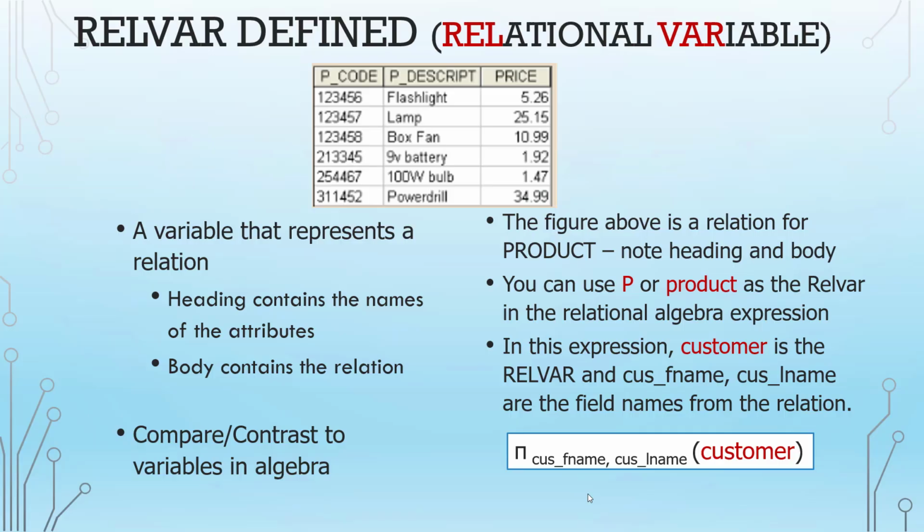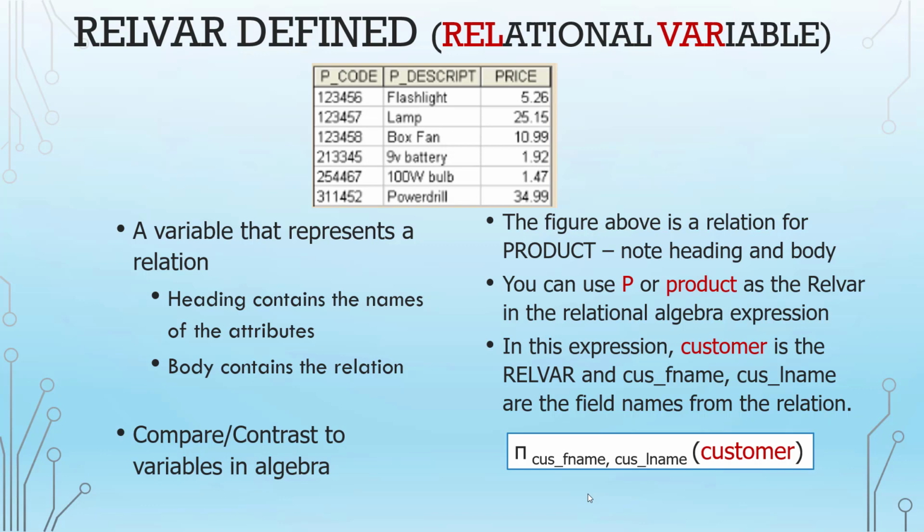Let's define rel-var, because in algebra you have variables, and in relational algebra we have variables. But in algebra, the variable represents a number, a real number probably. In relational algebra, the rel-var represents a relation. And you already know what a relation is. It looks like a table. It follows certain rules.